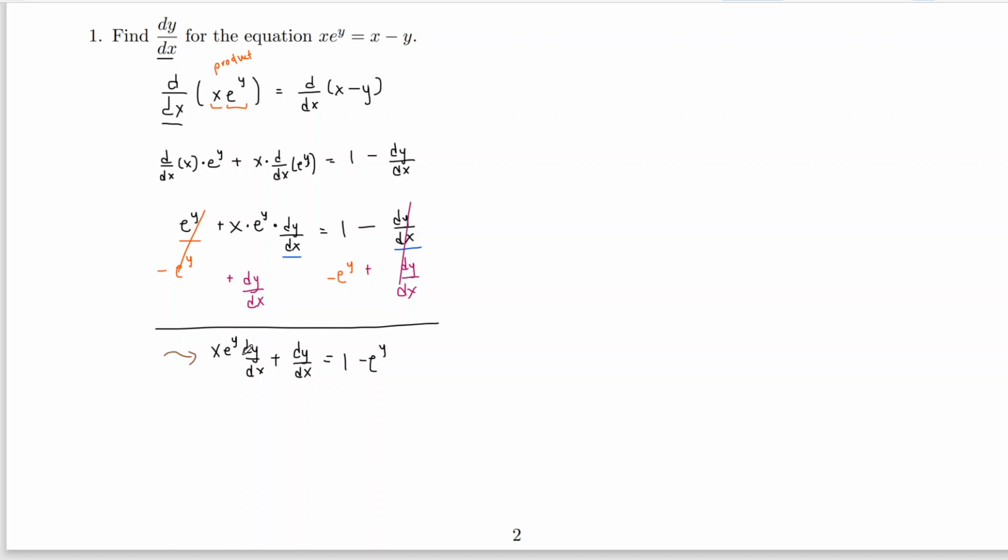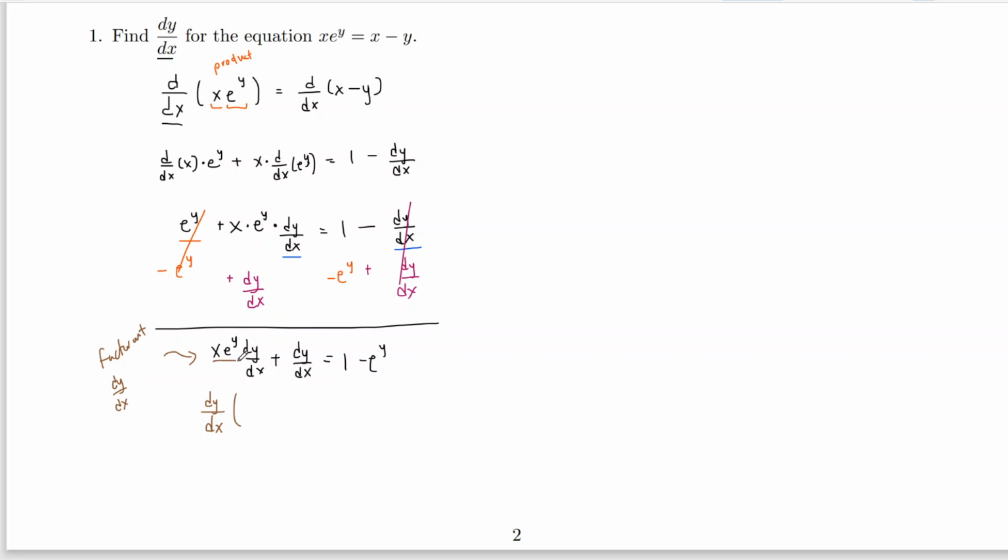And we're going to go ahead and factor out dy over dx. Because at the end of the day, it is just a variable. It just happens to represent this thing called the derivative. And so when we take out the dy over dx, keep in mind that you cannot add them together here because this has some stuff attached to it. This only has a 1. There's no way to combine them.